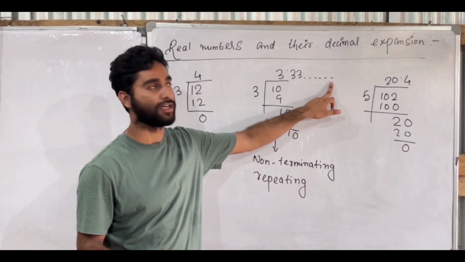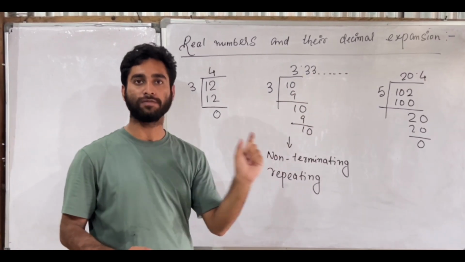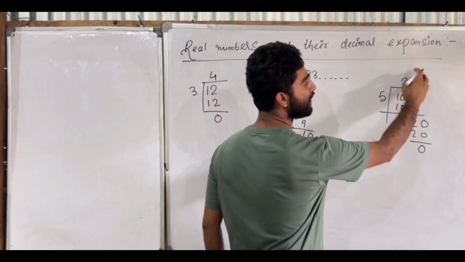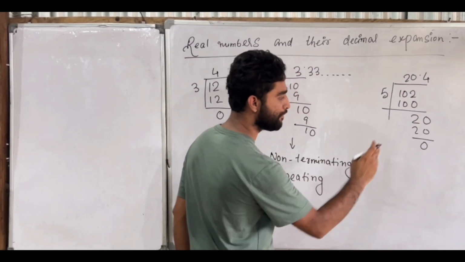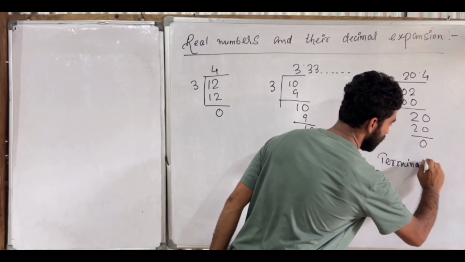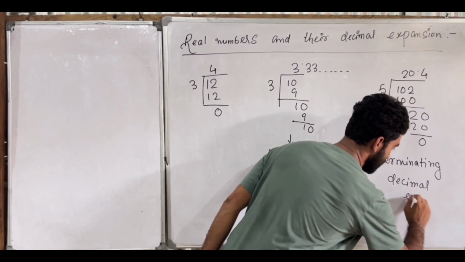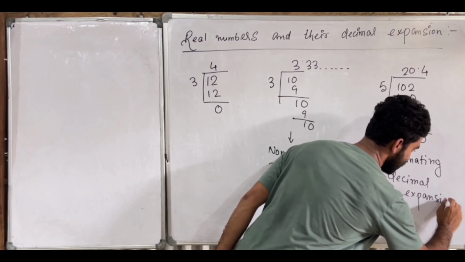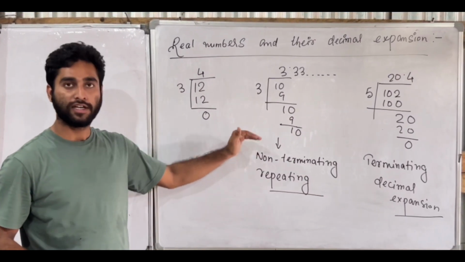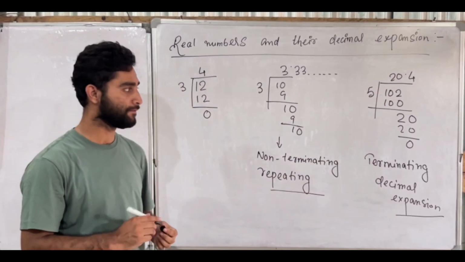And why is it called repeating? Because a digit, or sometimes a set of digits, will be repeating. But in this case we got the digits terminated after the decimal point. So this kind of decimal expansion is called terminating decimal expansion. So here I got a non-terminating repeating decimal expansion, and this is an example of terminating decimal expansion.